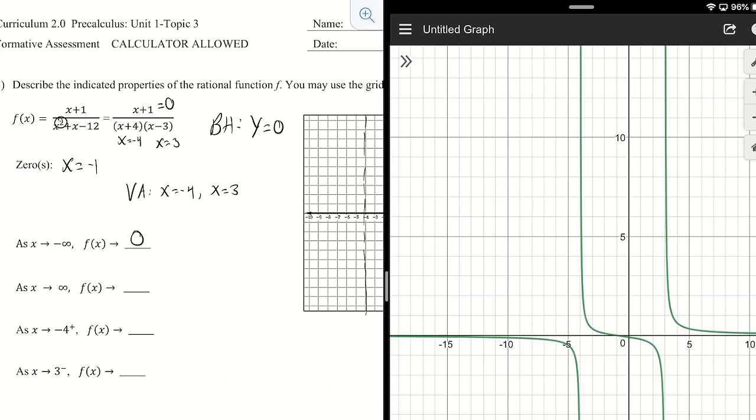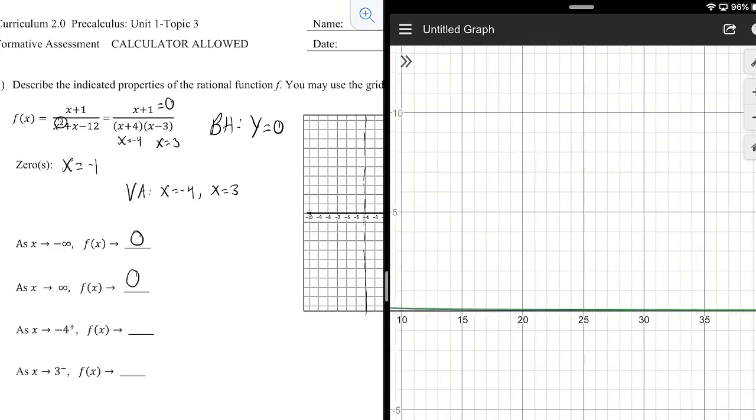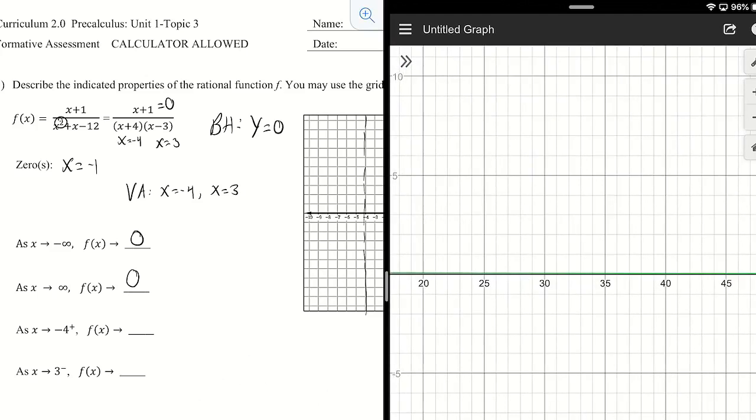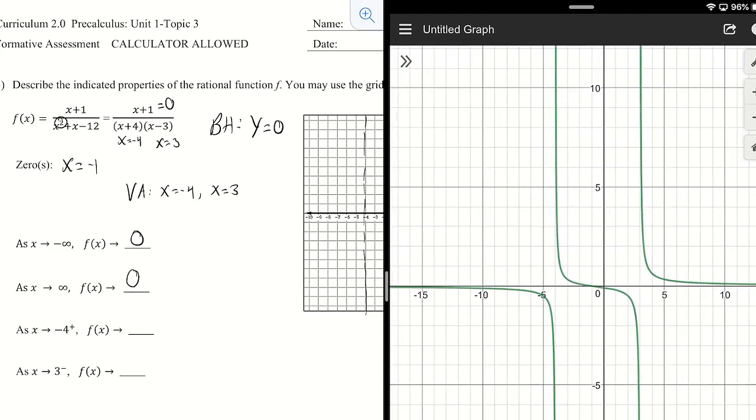As x goes to positive infinity, that is also 0 from this side. It's getting closer and closer to 0, even though it technically hits 0 right at this point. But that's not what we're referring to. We're only referring to the ends of the actual graph, also known as the end behavior.